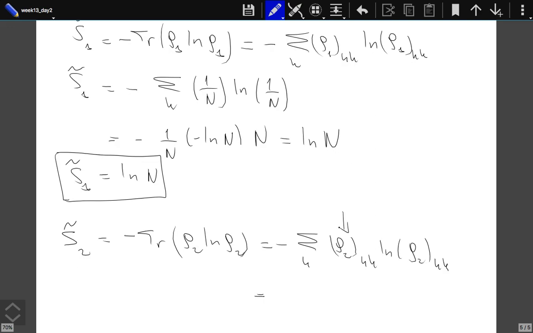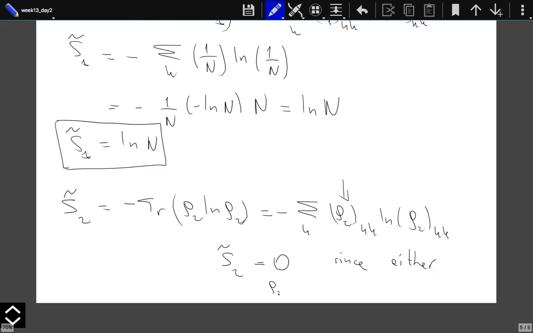But logarithm of 1 is 0. So this is 0. So in a sense, this quantity, that we call S2, just measures our ignorance about the state of the particles making my system.